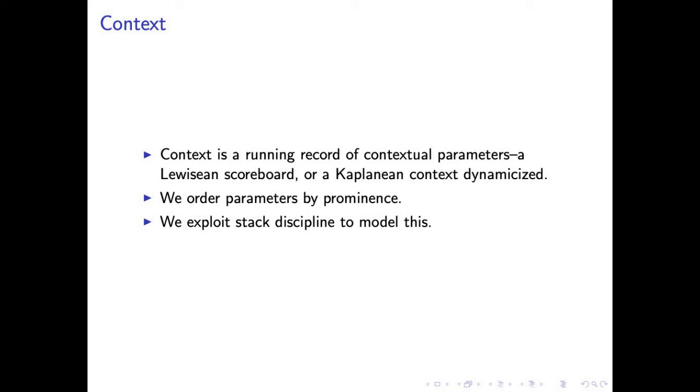Right? So, in particular, we have seen that discourse has a conventionalized effect on prominence ranking, and that can change as the discourse evolves or progresses, making an effect on what the state of the context at any given point is.